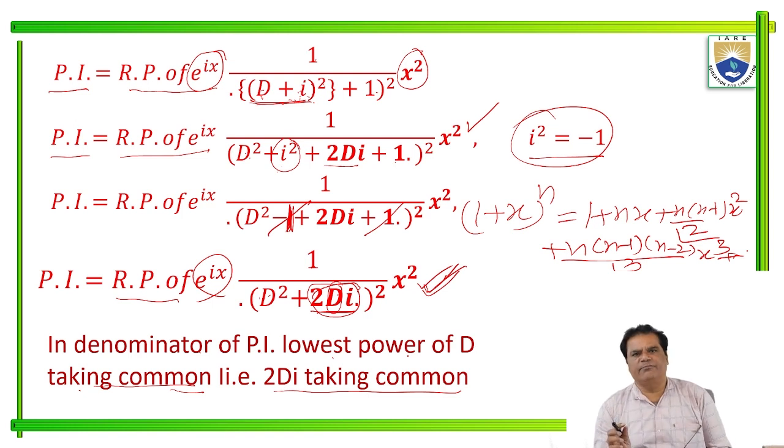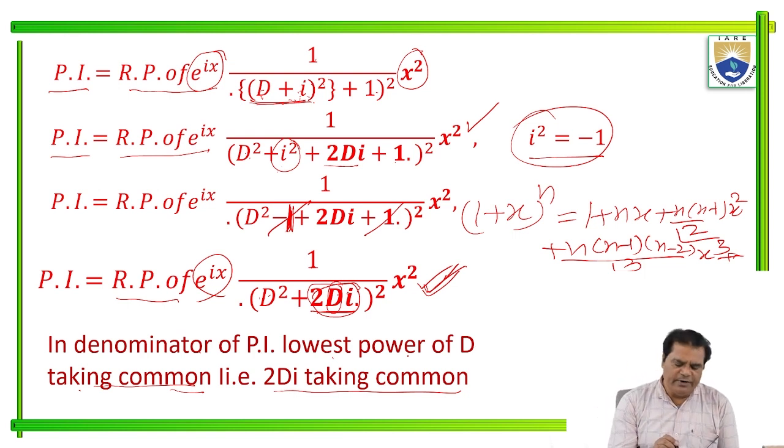This is the binomial formula we apply. In it the first term is 1 and the other term is x. So making the first term 1, we take 2Di common, then there is 1 and D square upon 2Di: 1 plus D square upon 2Di, whole square.